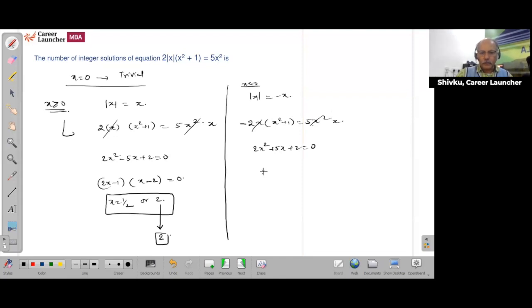This expression becomes (2x plus 1) into (x plus 2) is equal to 0. So either x is equal to minus 1 by 2 or x is equal to minus 2. Since we are looking for integer solutions, this is one integer solution that is less than 0. So what are my three integer solutions? Minus 2, 0, and 2. Hence the answer to this question is 3.